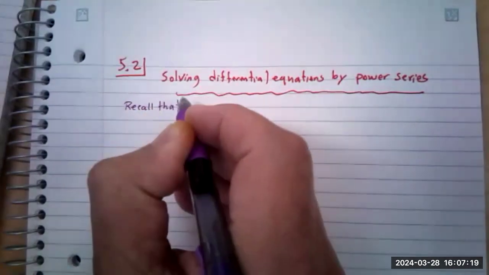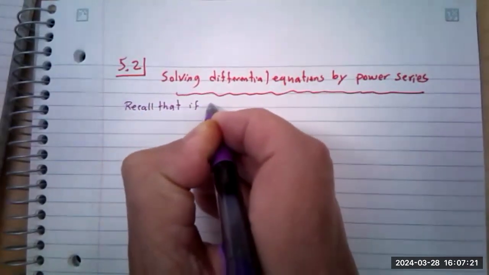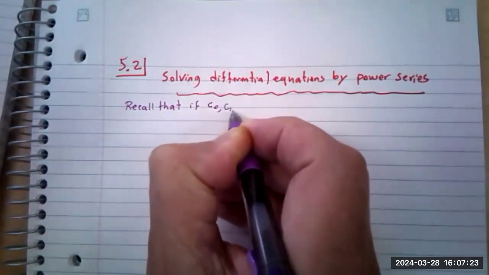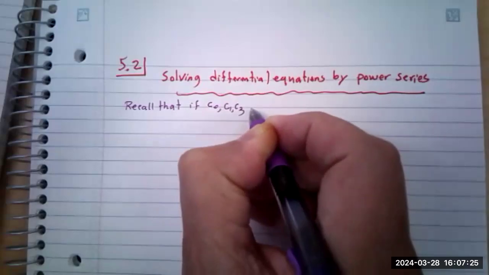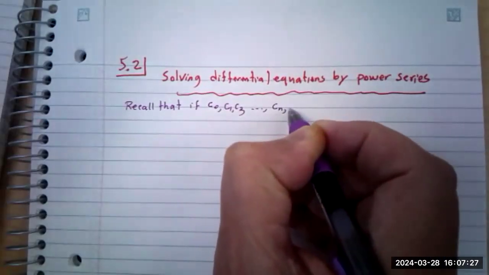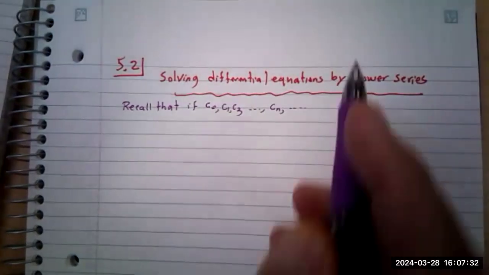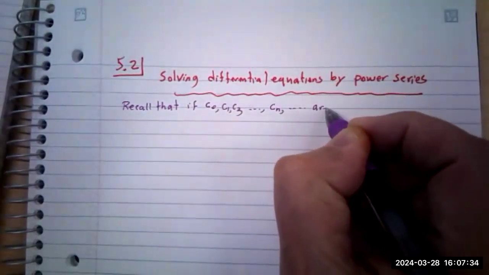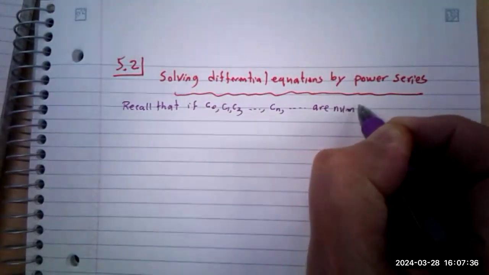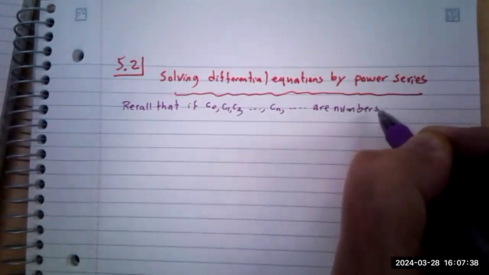if you have a sequence of numbers, C0, C1, C2, Cn, etc., are numbers.